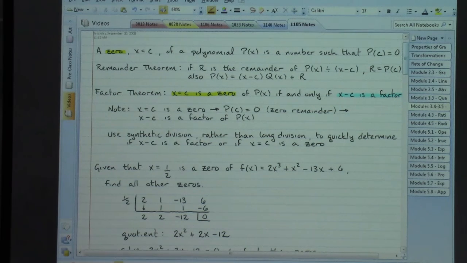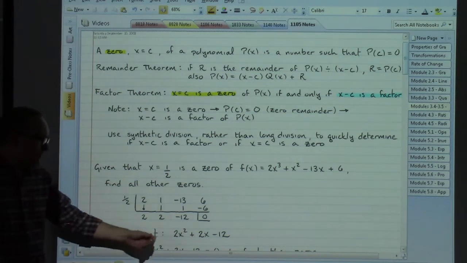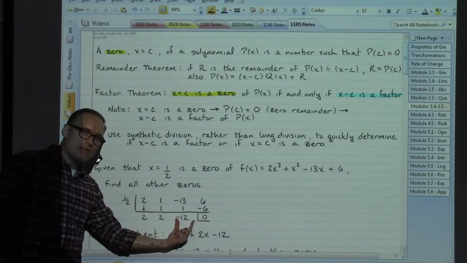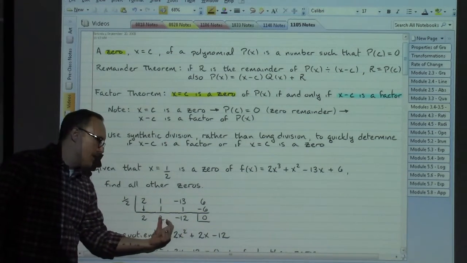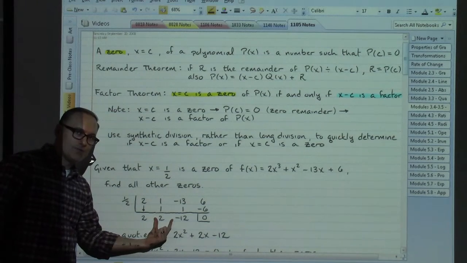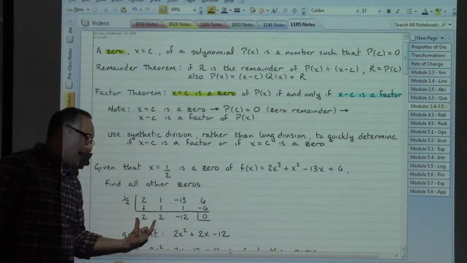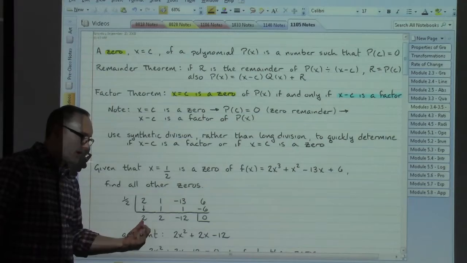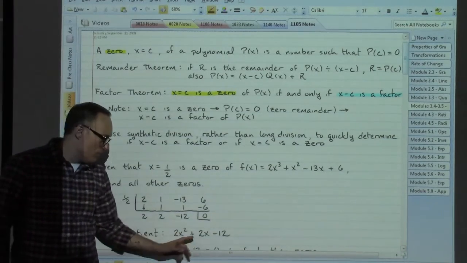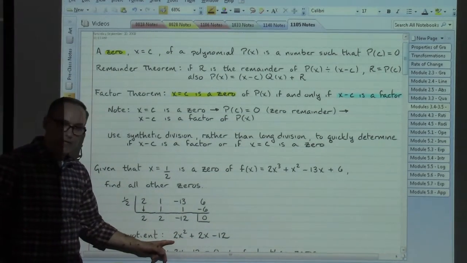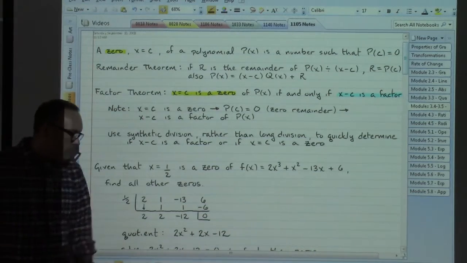So our quotient, if 0 is the remainder, negative 12 is the constant term, 2x would be the regular x term, and 2x squared would be our x squared term.